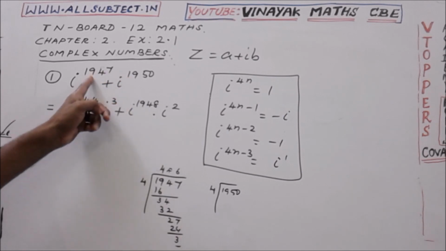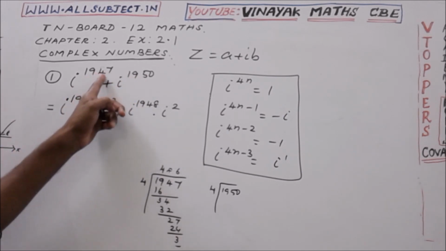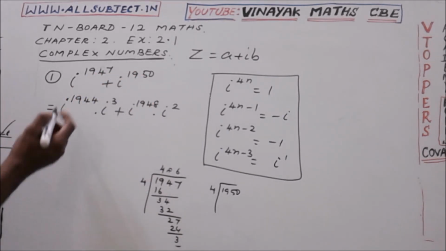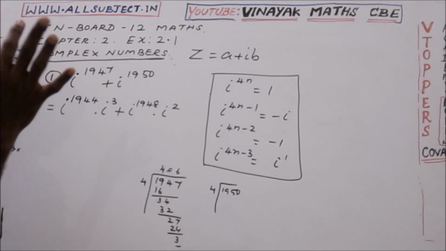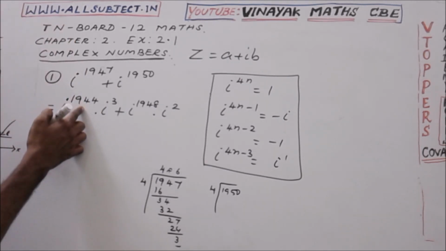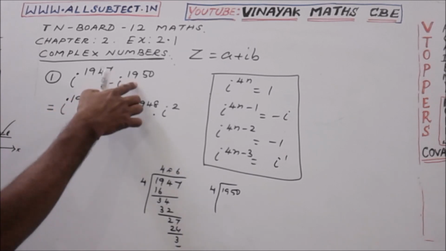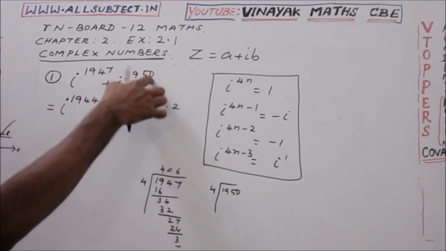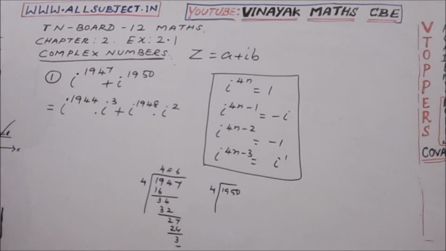Similarly for 1950, adding one more 4 gives 1948, and the remainder is 2. So split this as i to the power 1948 into i square.